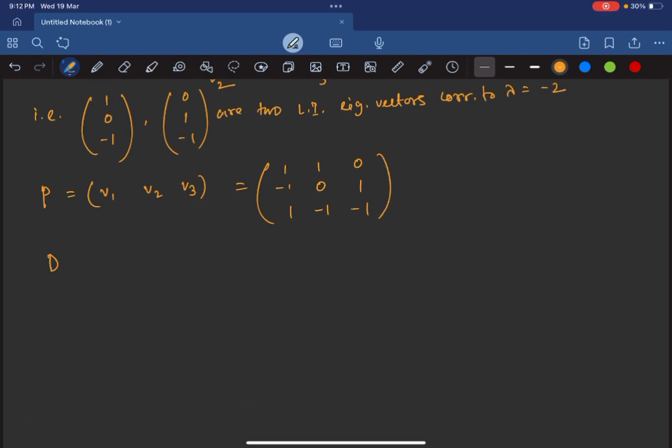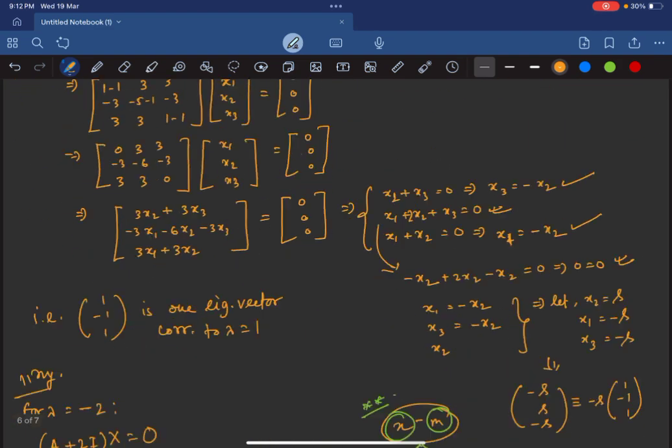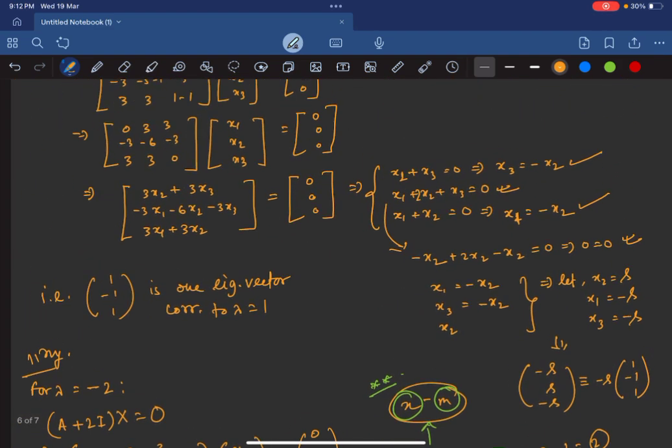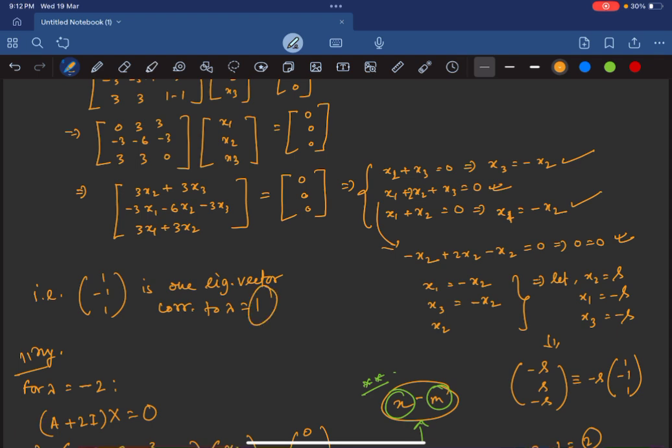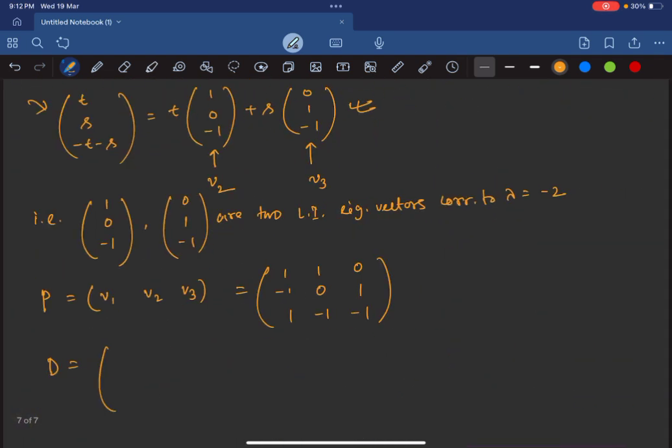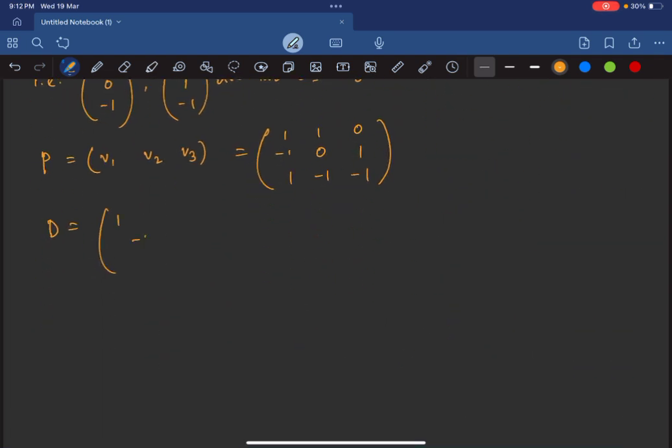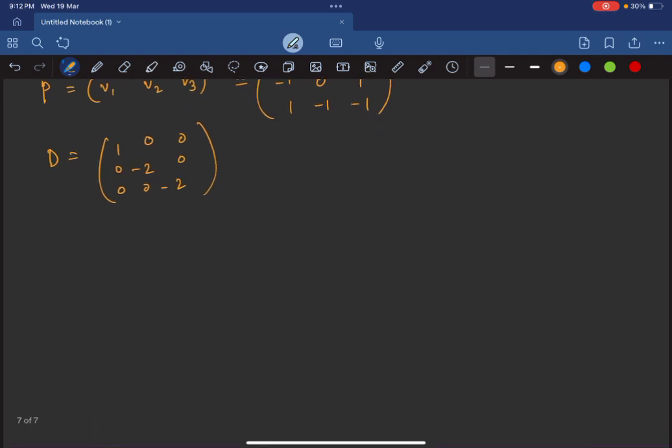This is P. And D is what? D corresponds to the eigenvalues: first we got lambda equals 1 and then minus 2 and minus 2. So we have diagonal 1, minus 2, minus 2. Okay, this is P and D.